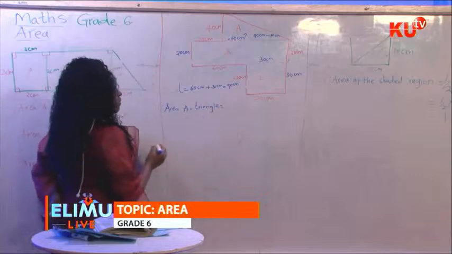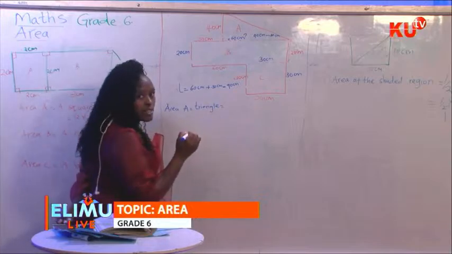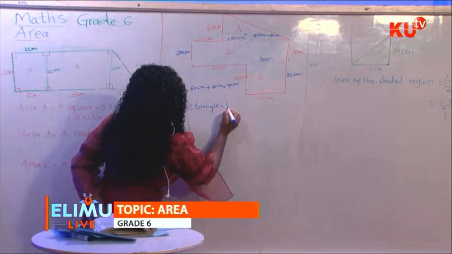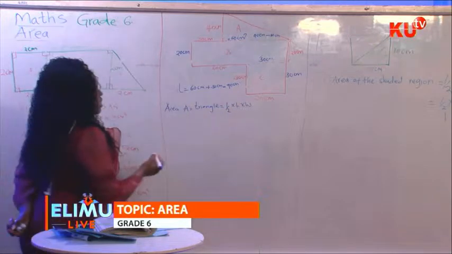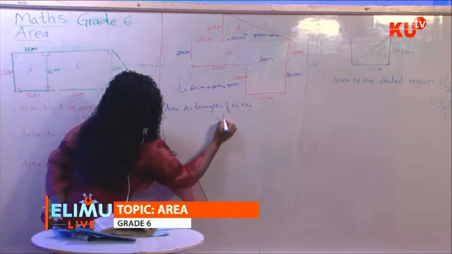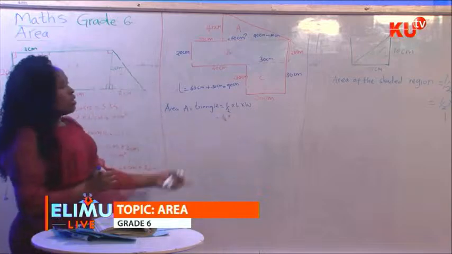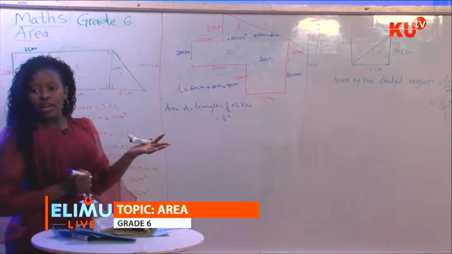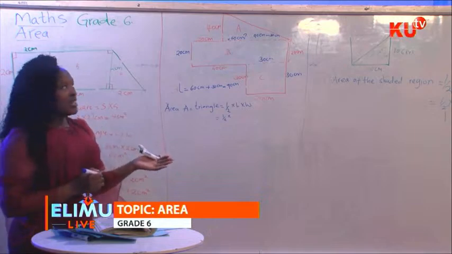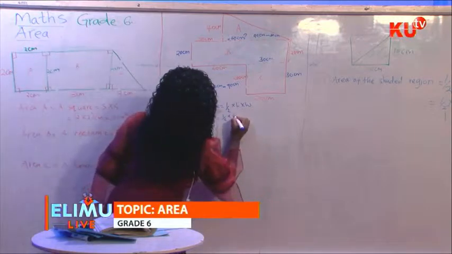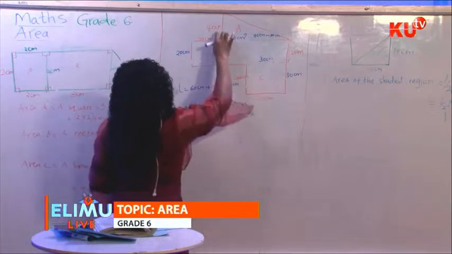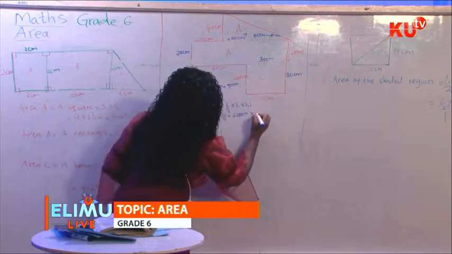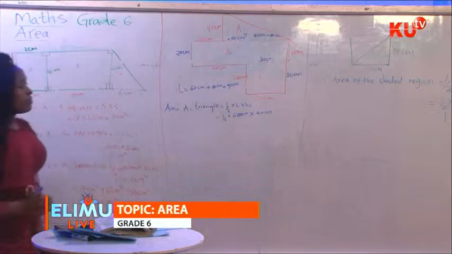We know that the area of a triangle is a half multiplied by length multiplied by width. So it will be a half multiplied by, what is the length of our triangle, learners? Good, 60 centimeter, multiplied by the width of our triangle, which is 40 centimeter.